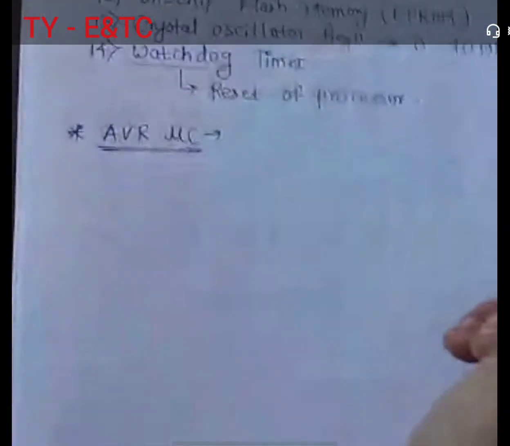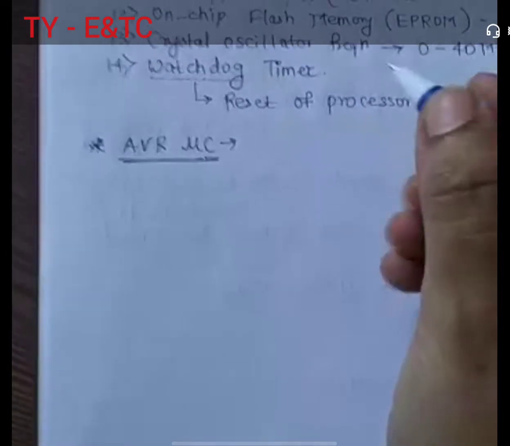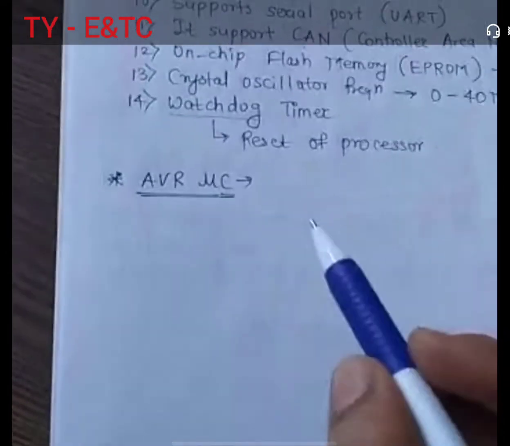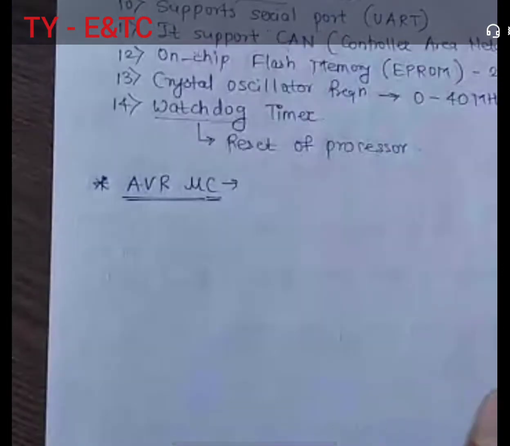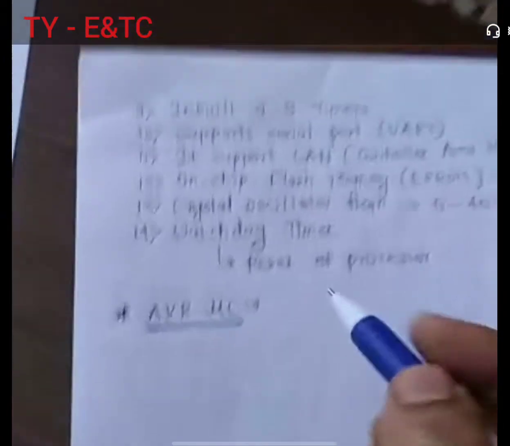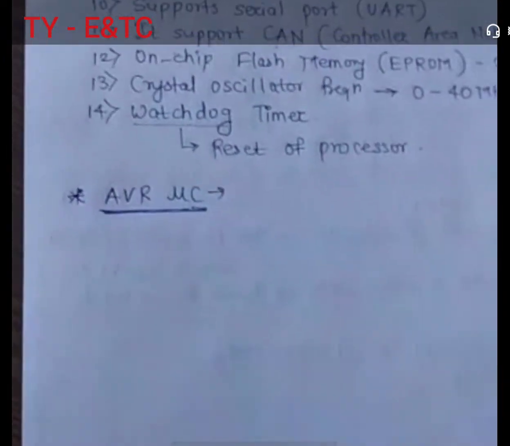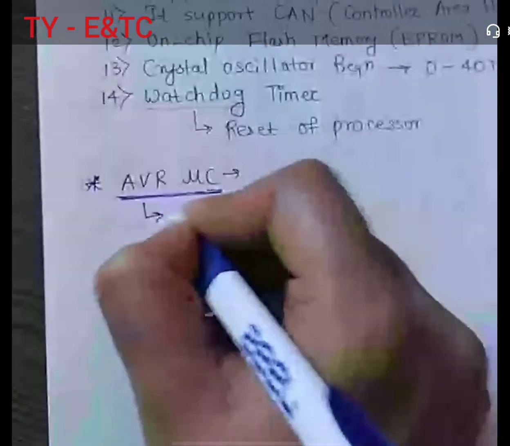See, AVR microcontroller is again the third category of microcontrollers. Like MCS 51 we studied, then PIC microcontroller we studied, and now third category is AVR. Okay, it is not having any kind of long form. But AVR is again a category. Inside this AVR, we have different types of microcontrollers again, which is very common.